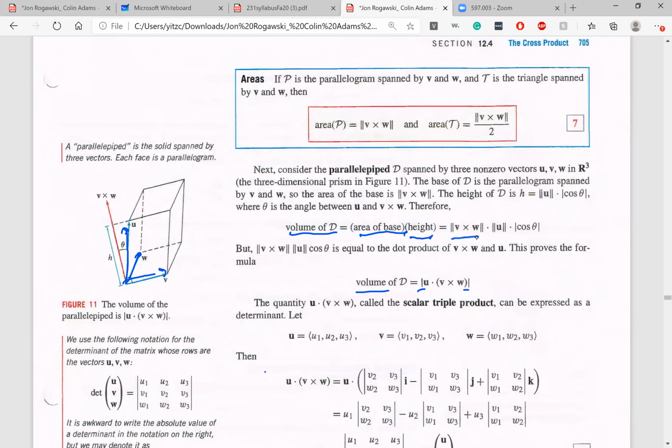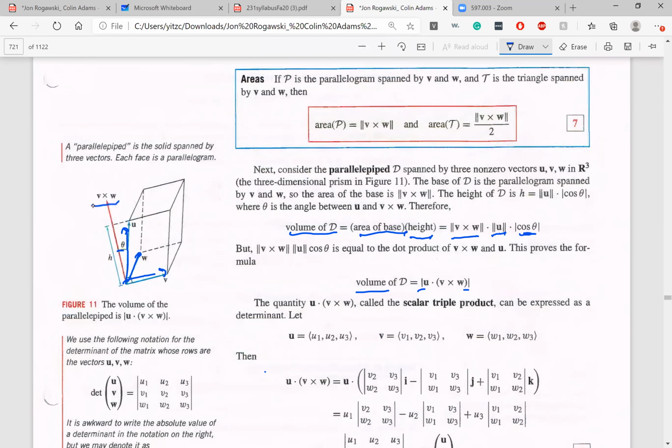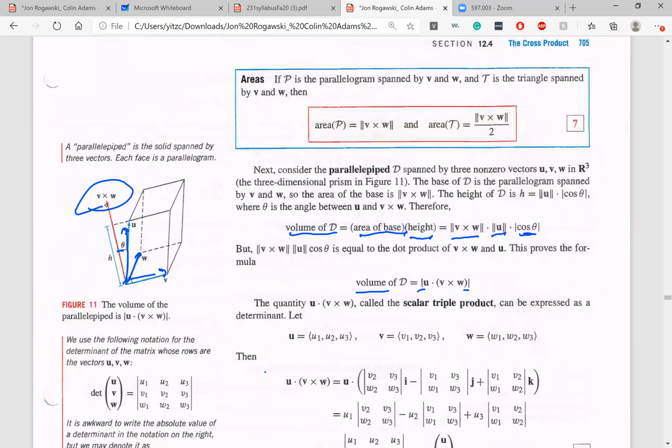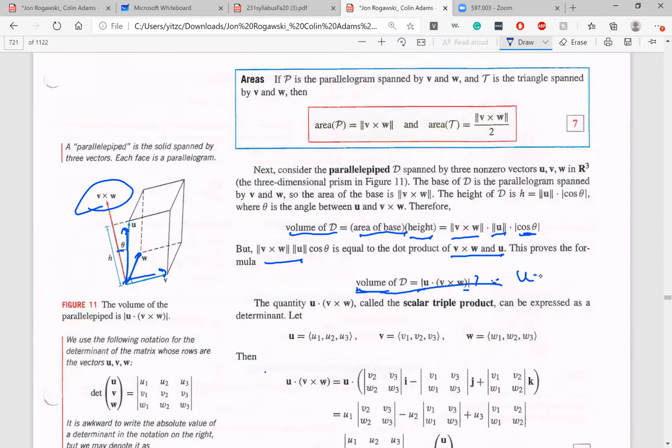The area of the base is the magnitude of V cross W, and the height is the magnitude of U times cosine of theta, where theta is the angle between V cross W and U. But this over here, like we said, is equal to the dot product. And so that tells us that the volume of this parallelepiped is U dotted with V cross W.